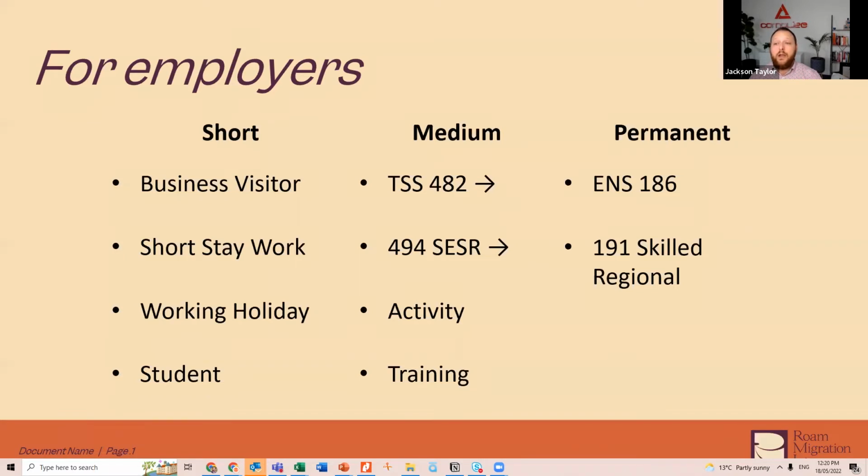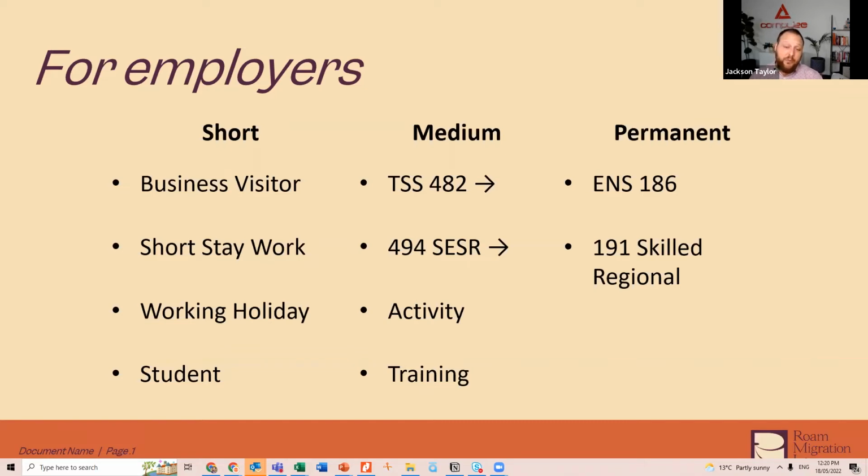Really, there is the Employer Nomination Scheme 186, which is the permanent arm of the 482 visa, or there's the 191, which will be, in the near future, the permanent arm of the 494. Now, that hasn't been completely set up because at this stage, the 494 was introduced and required people to do 3 years full time before you could move on to the 191.